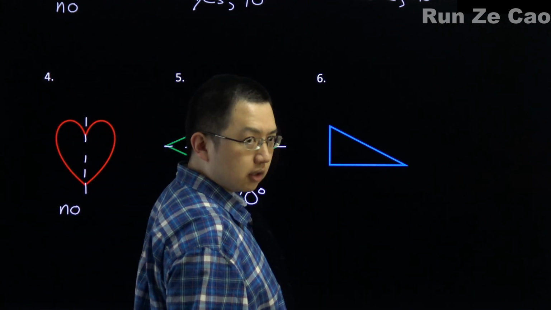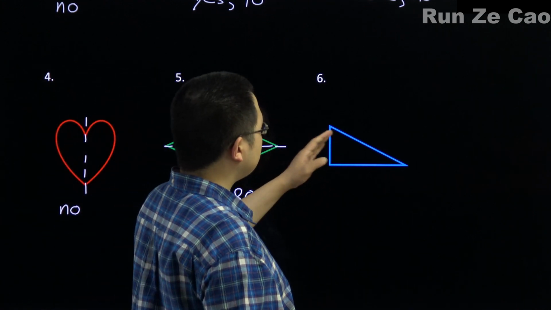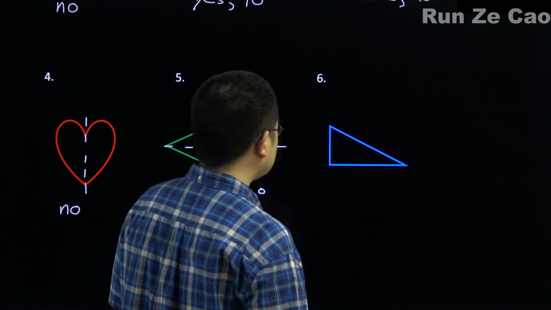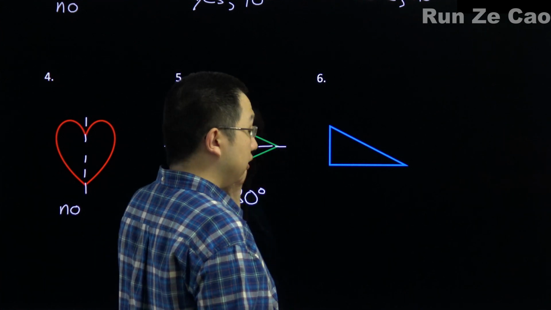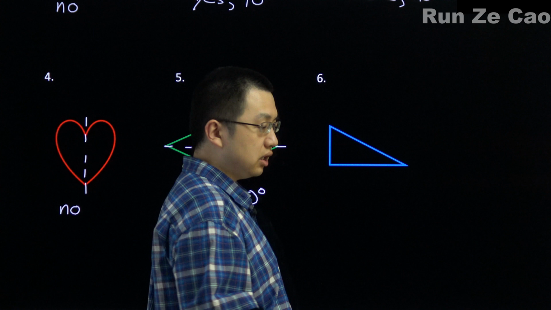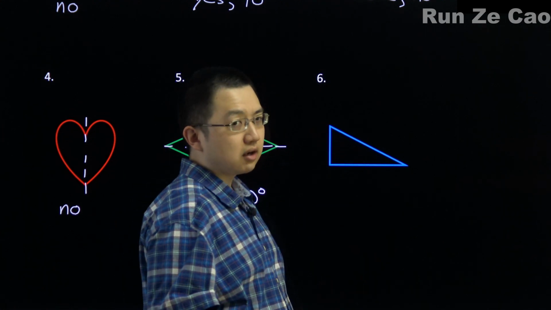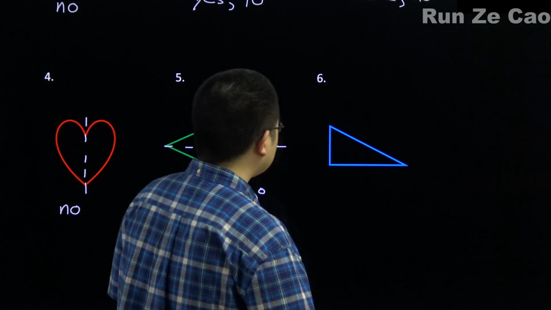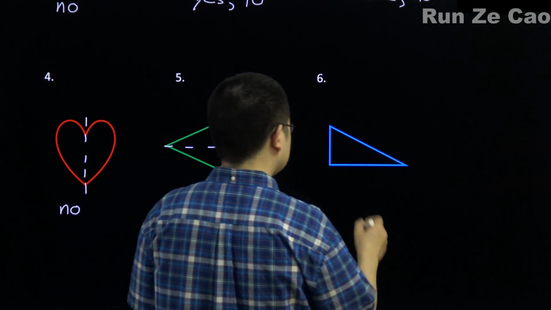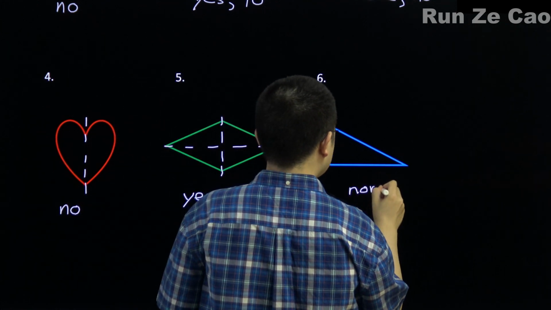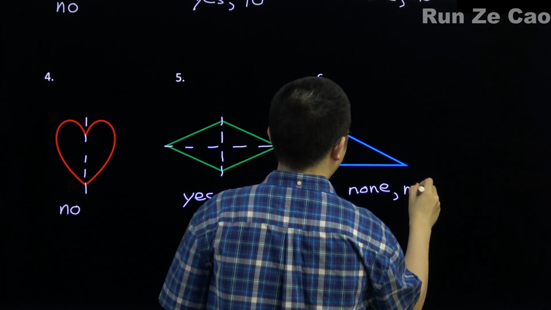This right triangle has no lines of symmetry because it's not isosceles, and its angle of rotation, you end up having to turn it 360 degrees, which means it has no rotational symmetry. So it's none and no.